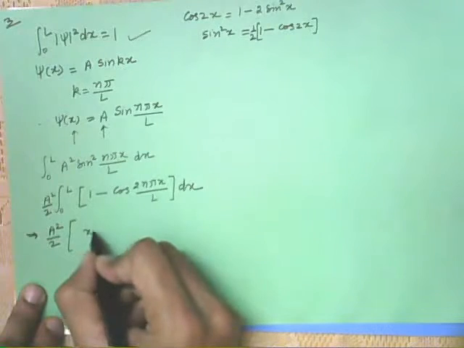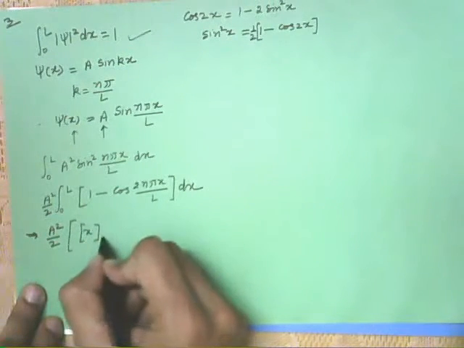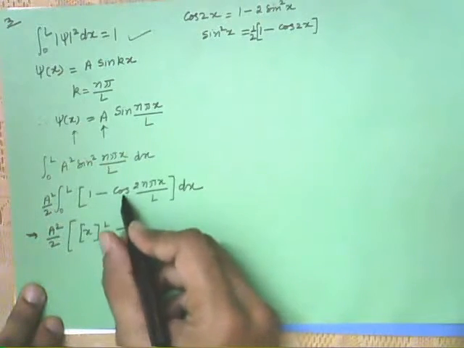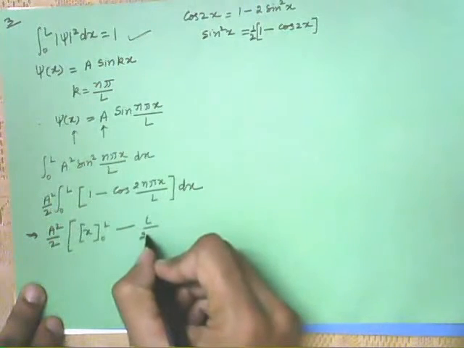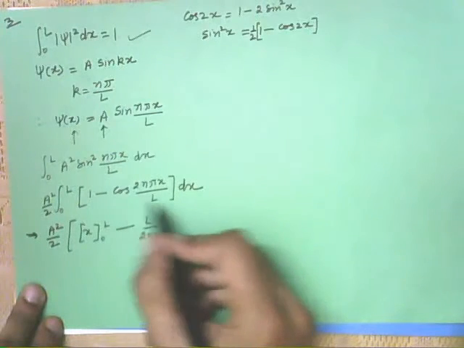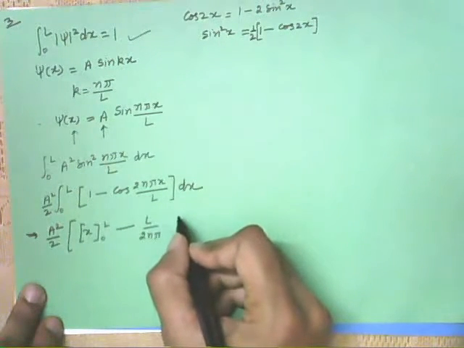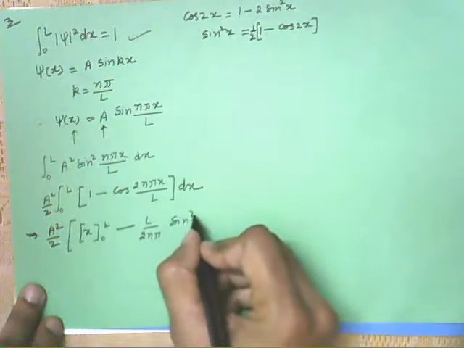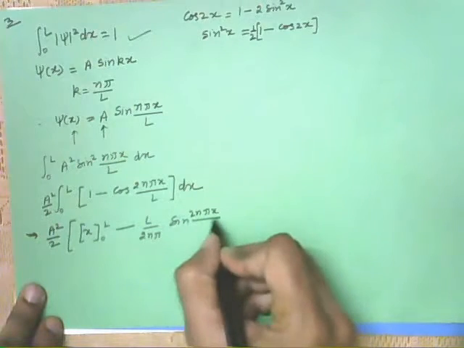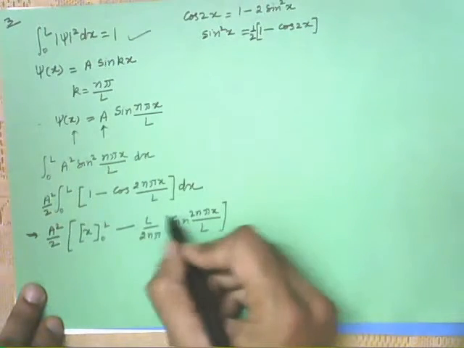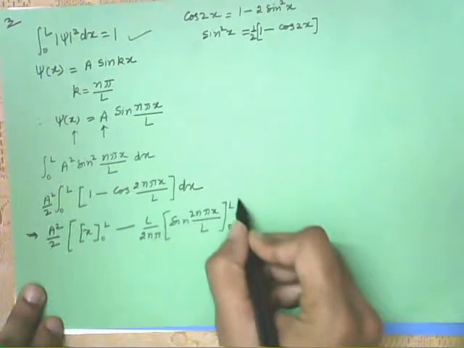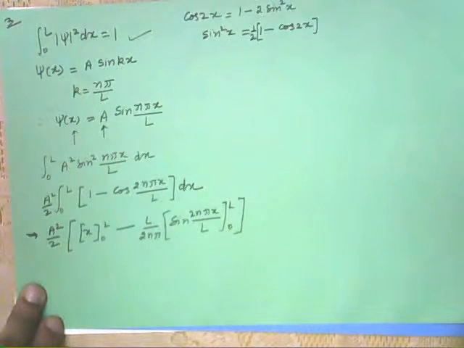So limits are 0 to L, minus the integration of cos 2 n pi x upon L, which will be L upon 2 n pi times sin 2 n pi x upon L, and limits are from 0 to L. Now we have to put the values x is equal to 0 and x is equal to L here.